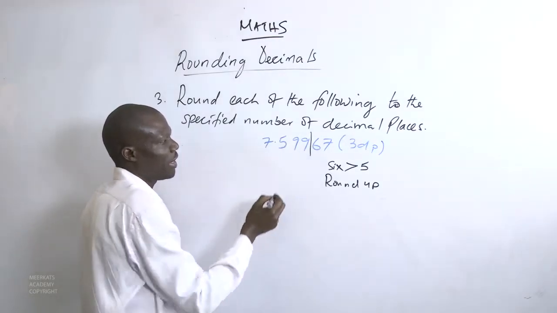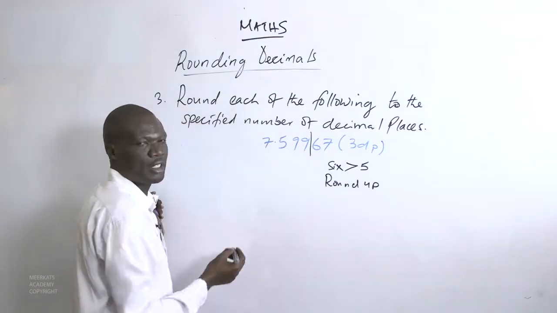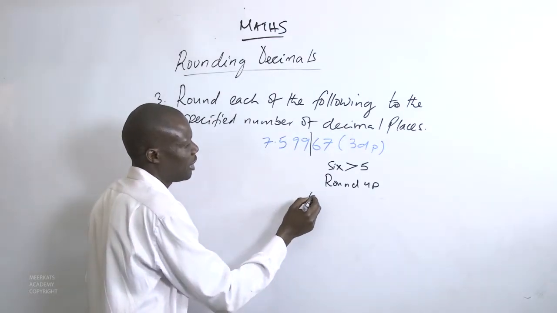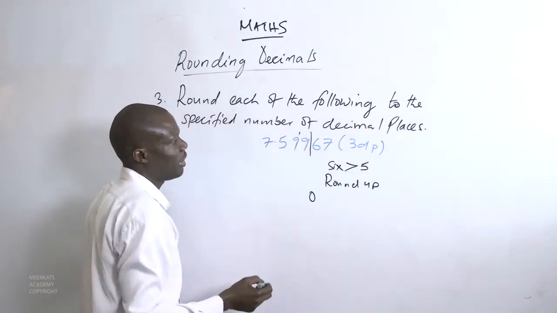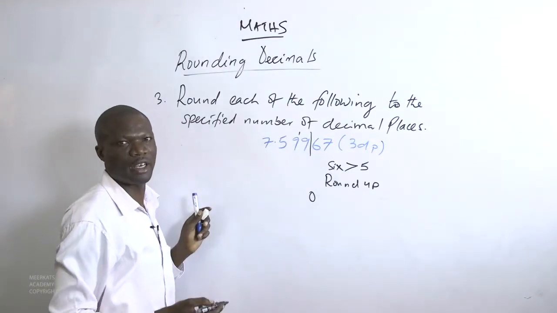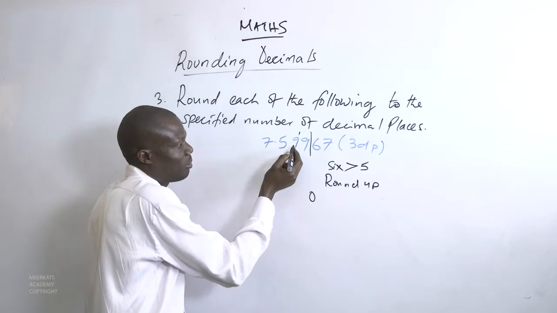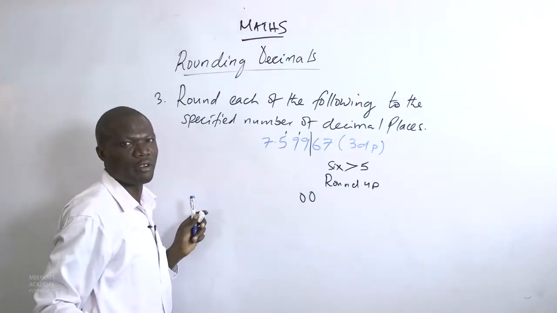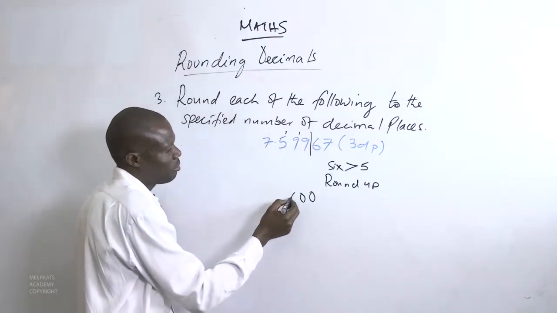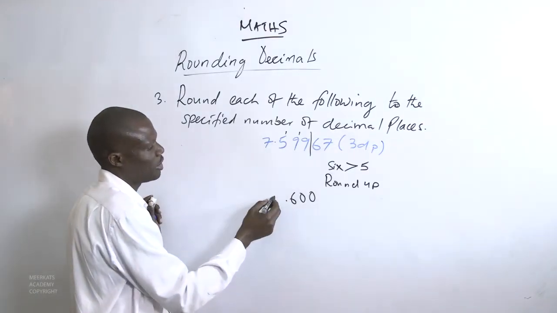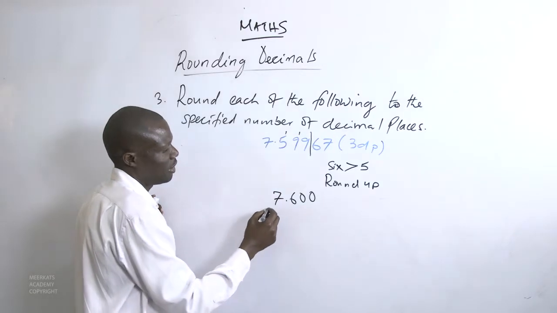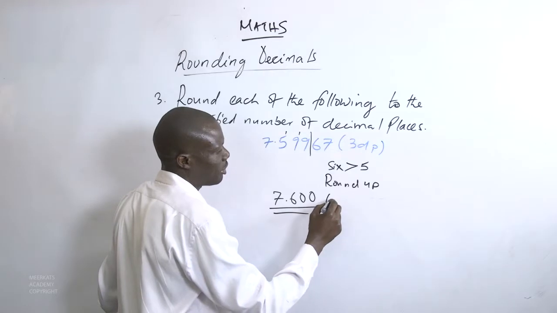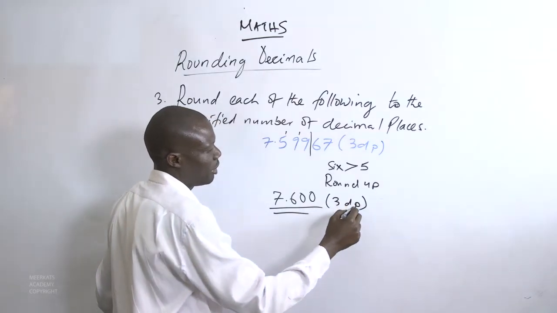So we carry 1 to the next place value. 1 added to 9 again is 10. We can't have 10 at the same point, so we have a 0 and carry 1 to this part. Then 1 plus 5 becomes 6. The decimal point is here, and you have your 7 that way. This should be our answer correct to 3 decimal places.